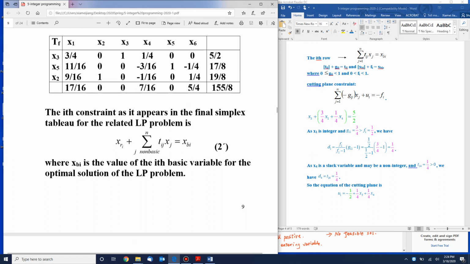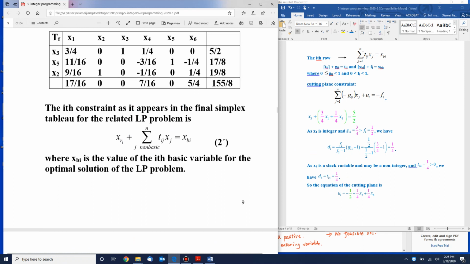Here I have to say that in this final tableau, we denote the slack variables s1, s2, s3 as x4, x5, x6, to make the order easy to see. That's the first constraint in our question.